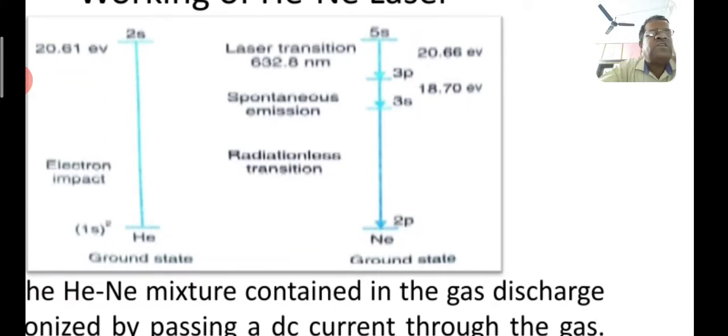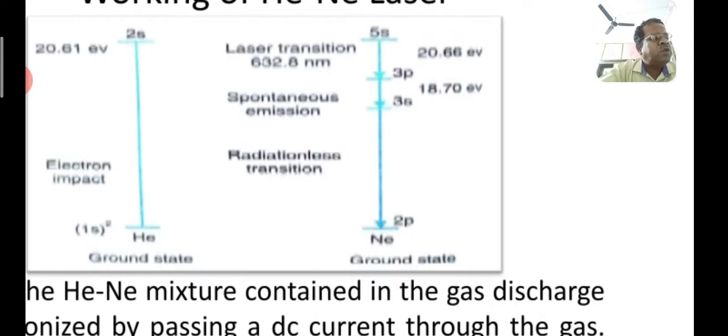The spontaneous transitions from the 5s state to the 3p state produce photons of wavelength 632.8 nanometer. These photons cause stimulated emission in other atoms.